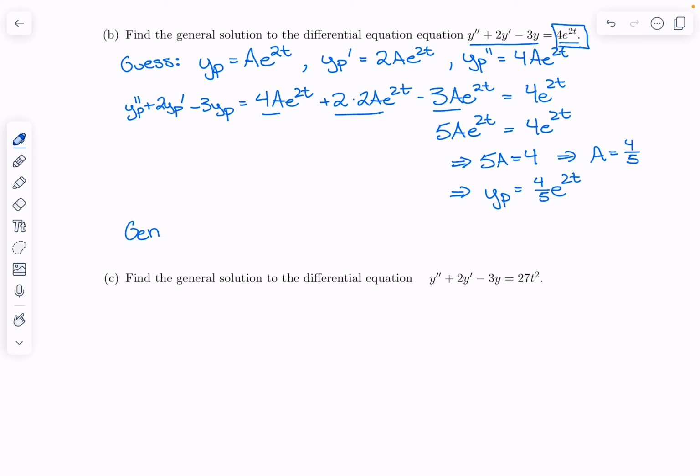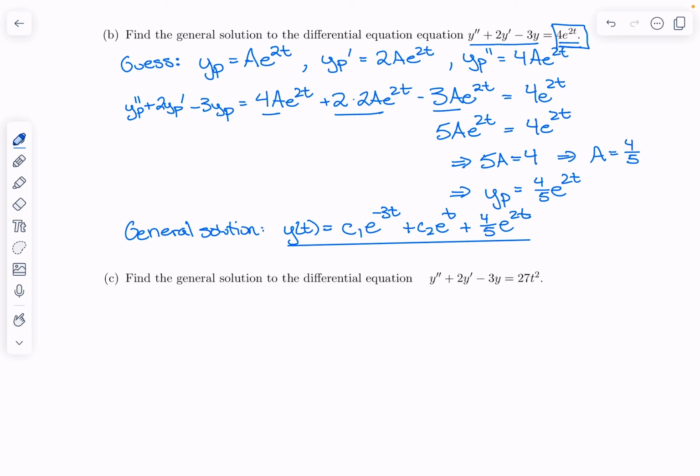So my general solution to this non-homogeneous differential equation is going to be y of t equals my homogeneous solution, which is c1 e to the minus 3t plus c2 e to the t, plus my particular solution, which is 4/5 e to the 2t. So that's my general solution. It's the homogeneous solution plus the particular solution that I just found.